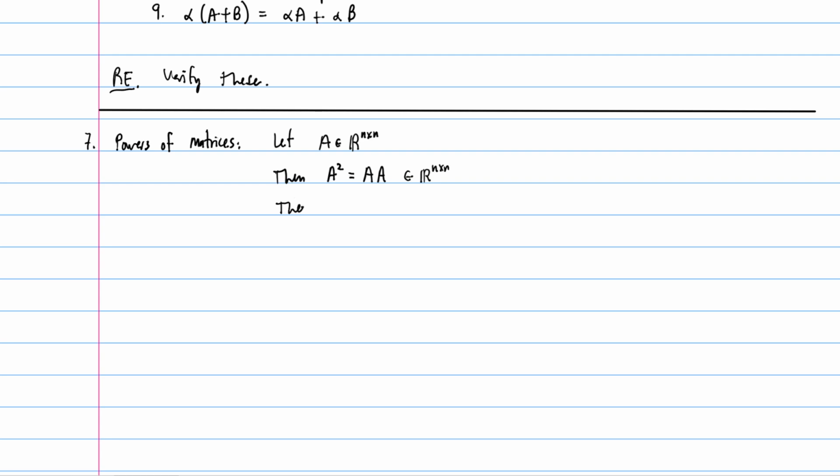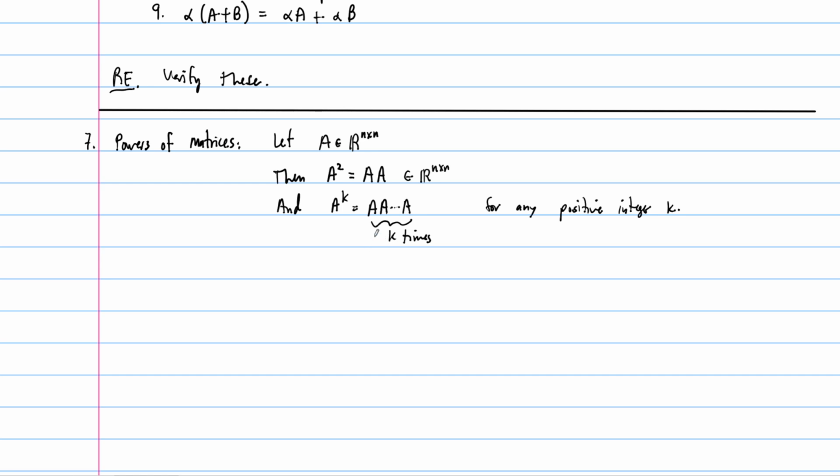So A to the kth power is equal to A times A times A, k times, for any positive integer k. It's pretty straightforward, but we can do this. So you can multiply a matrix by itself multiple times.